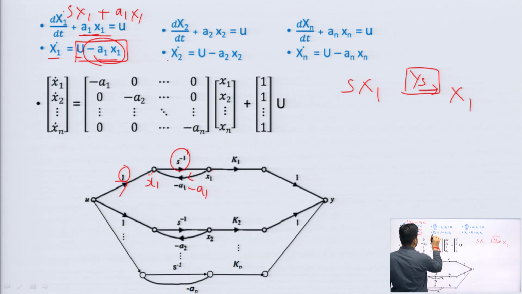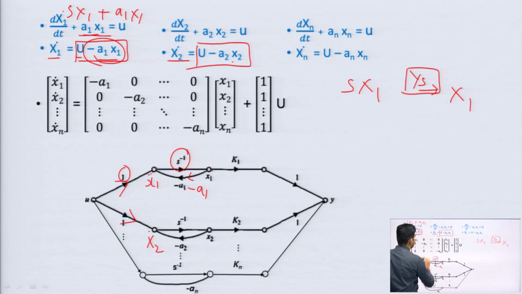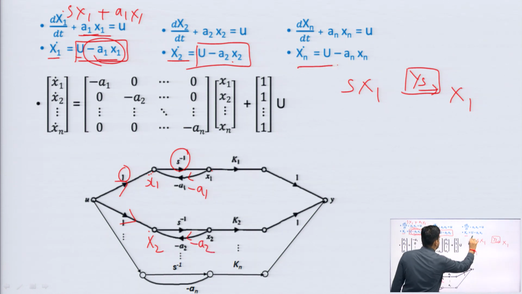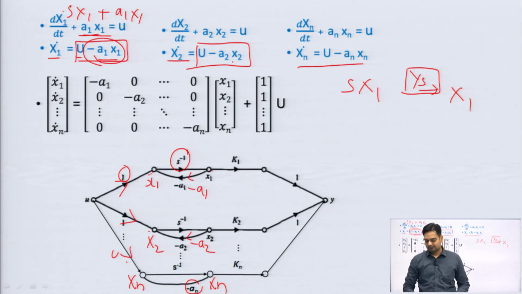In the same way, this is my x2 dot variable and it is equal to u minus a2 x2, which means it will receive the u input with coefficient 1 and it will receive x2 with coefficient minus a2. In the same way, for the last term, this is xn dot, this is xn, it receives u with coefficient 1, and minus an will come in feedback. In this way, this will make parallel SFGs, right.